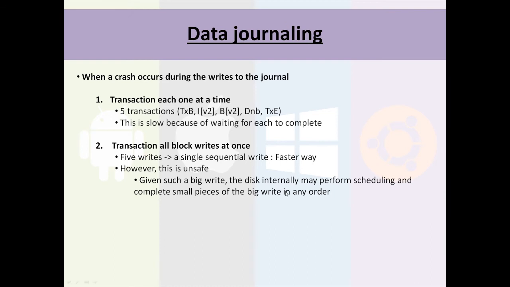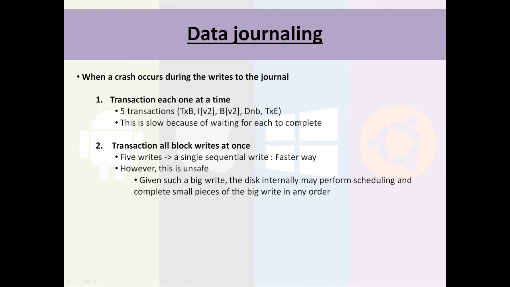In our example, we would write our TxB, our Iv2, Bv2, DB, and TxE. Okay, so that's 5 writes. And when these writes complete, we would then complete the updates by checkpointing the Iv2, the Bv2, and the DB to their final disk locations. So once this journaling step was finished, we could then checkpoint.